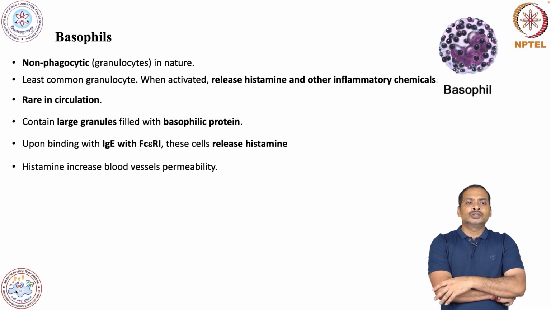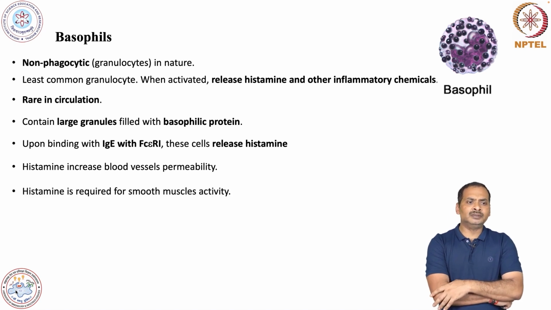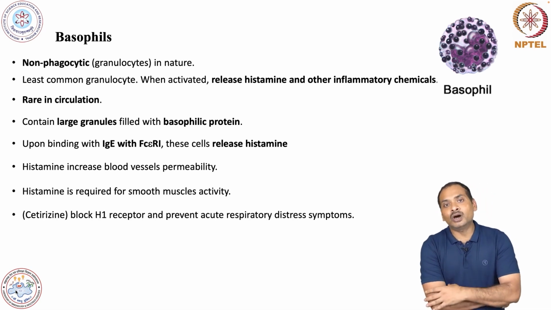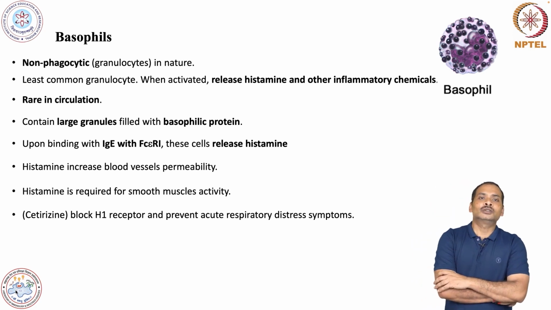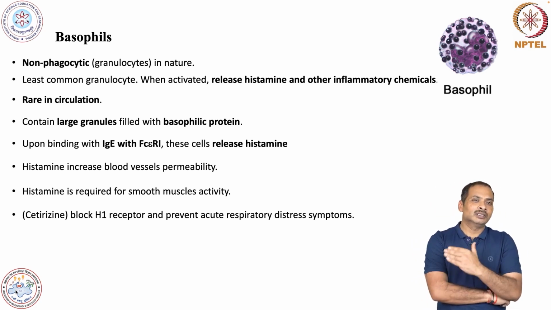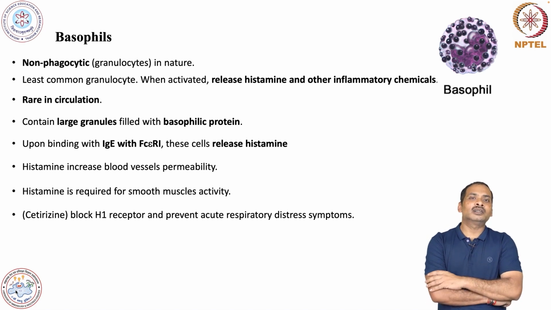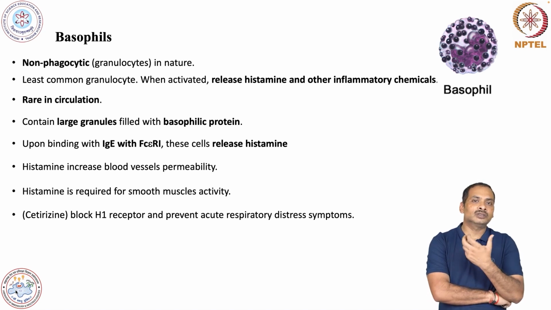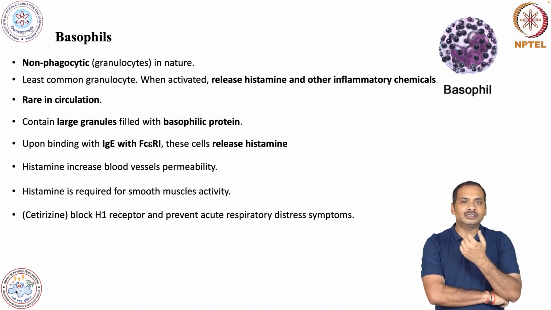So histamine increases blood vessel permeability. Histamine also stimulates smooth muscle activity. I will show you in a little more detail how we can block the histamine. Probably you may have experienced that during weather changes you have sneezing, coughing, and dripping of water from the eyes and nose.